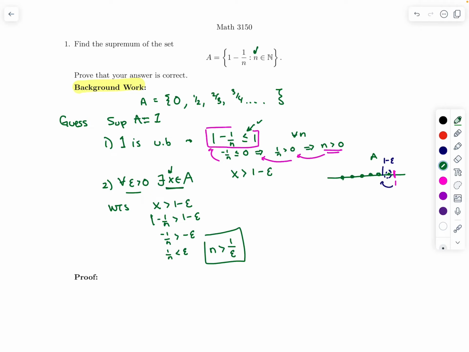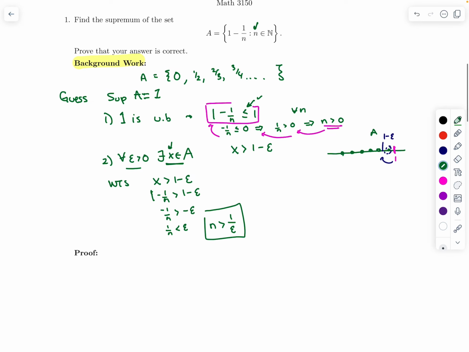So I just need to pick some n which is bigger than 1 over epsilon. And I can usually think about that using the unboundedness property of n, or I can use the Archimedean principle. Okay, so that tells us what our starting points should be. We know we can find this n. We know that n is greater than 0, and then we're going to unwind those to get back to the things we want to show.